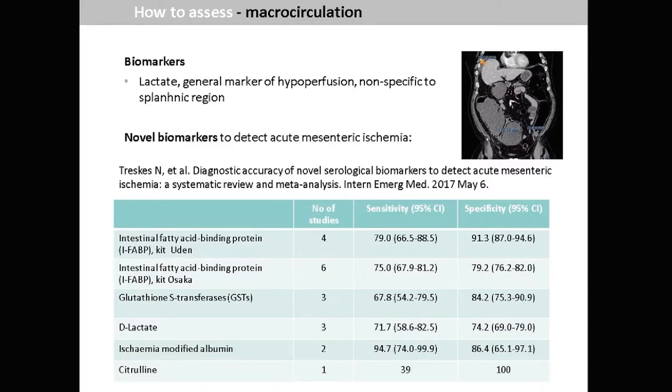Bruno told about base excess, again, acidic blood, but these are of course non-specific. You can't tell that this is coming from a splanchnic region. We have some new promising biomarkers, not yet in clinical routine.